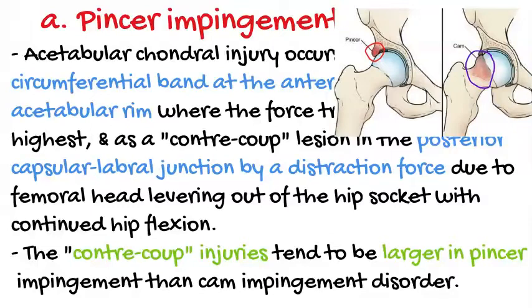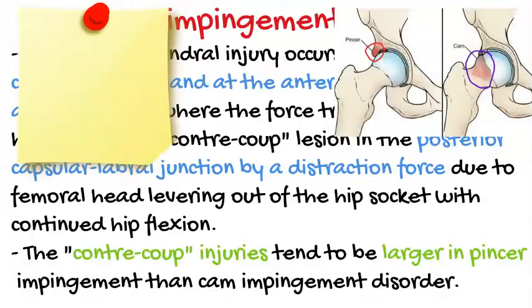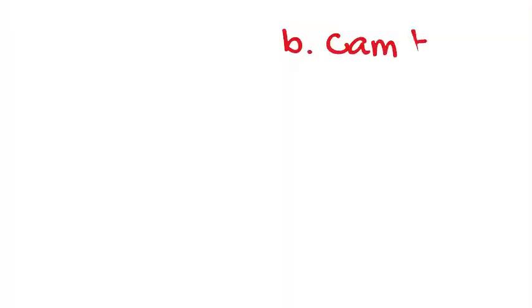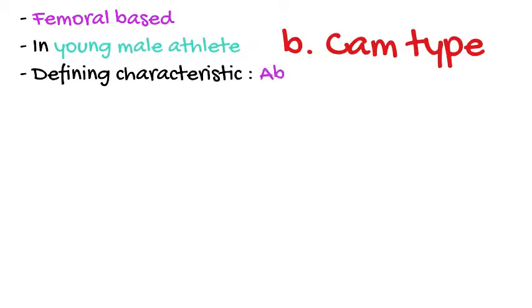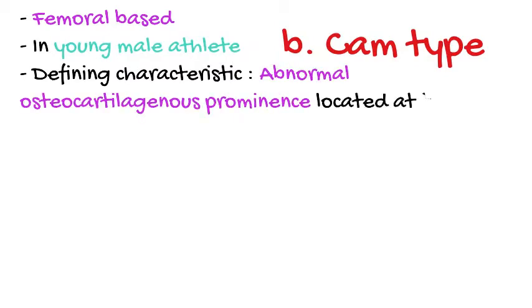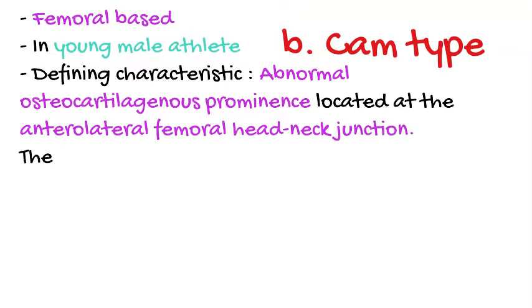Next, for B, I am going to discuss the cam type. It is a femoral-based disorder, mostly occurring in young male athletes. The defining characteristic is an abnormal osteocartilaginous prominence located at the anterolateral femoral head-neck junction.